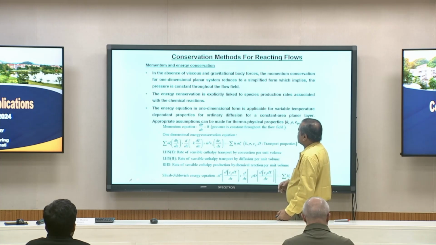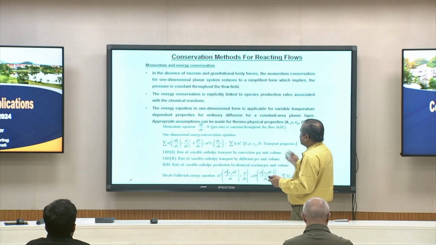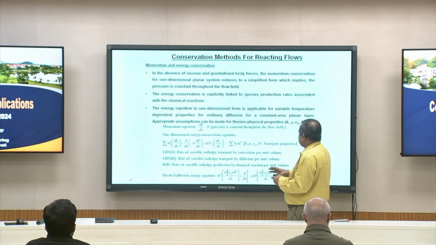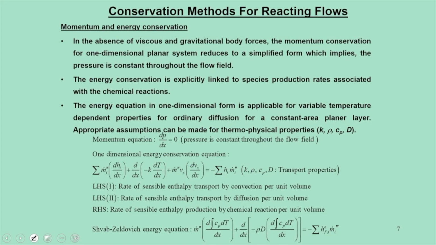Sometimes people ignore the momentum equations while simulating combustion flow, but the energy equation is very vital, and it involves a very complicated one-dimensional equation like this, and there are many models that were evolved.